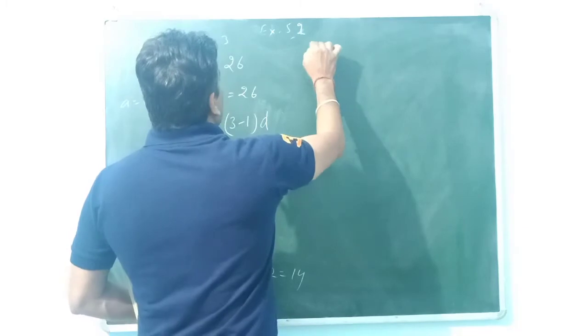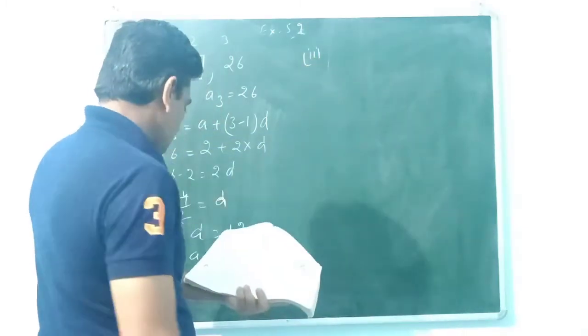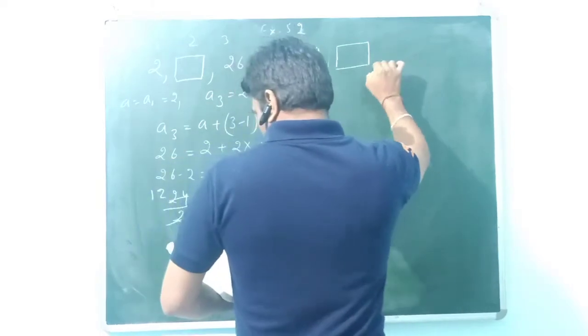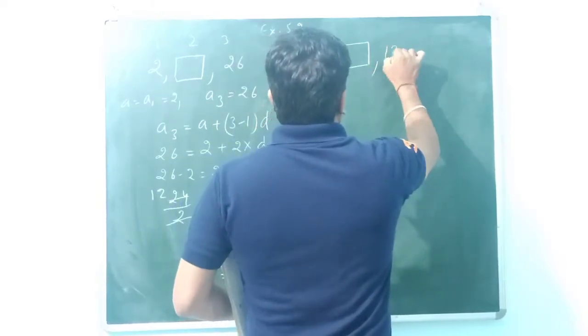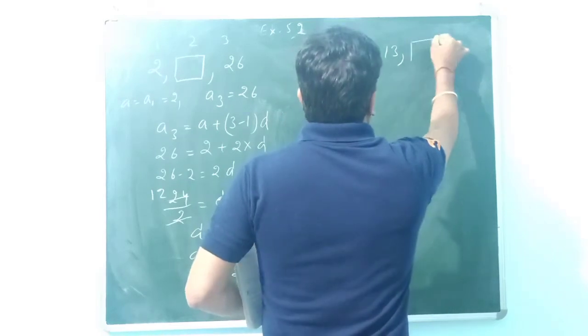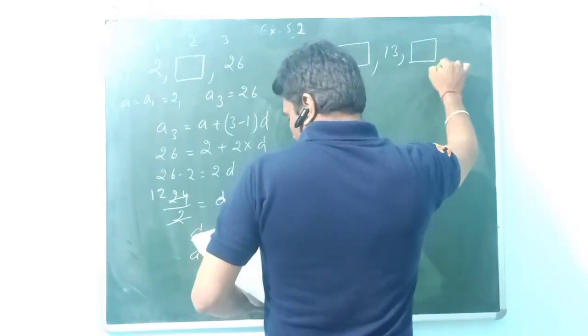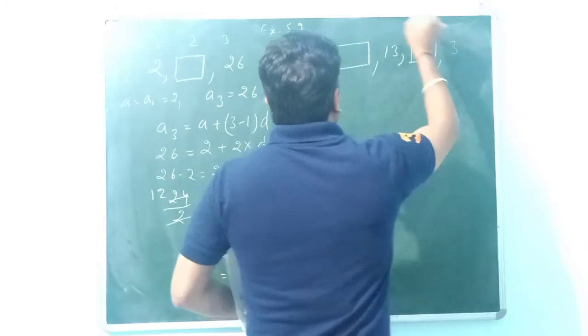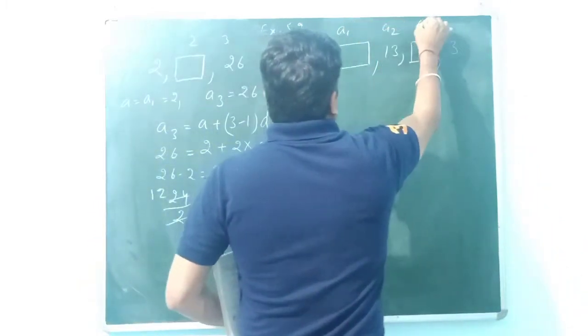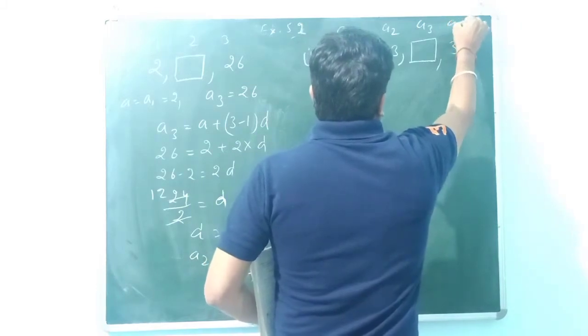Move to question number 3, part number 2. Here the boxes are comma, 13, again comma, and again 3. Means this is A1, this is A2, this is A3, and this is A4.